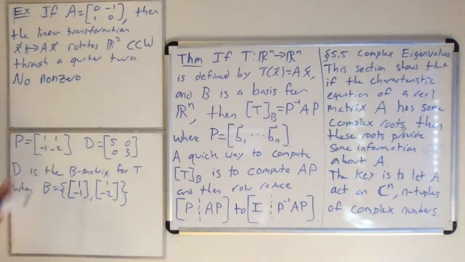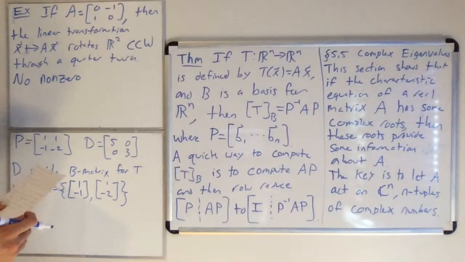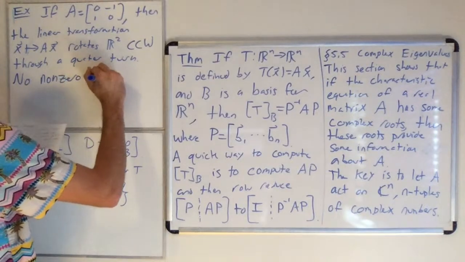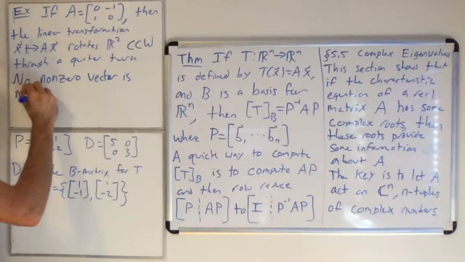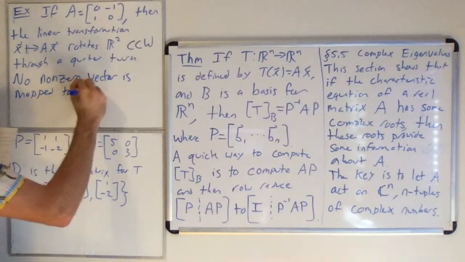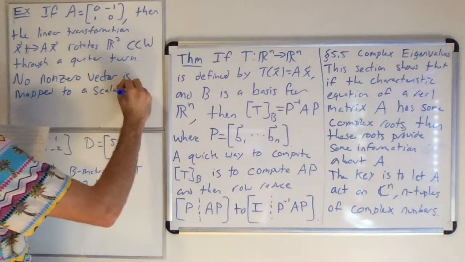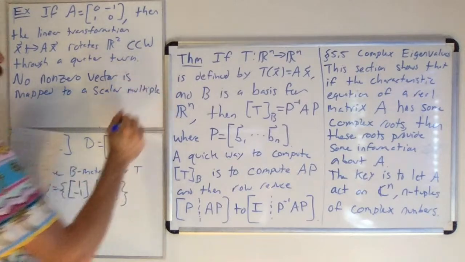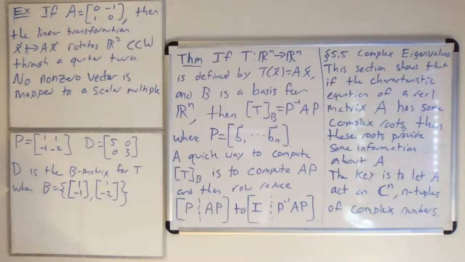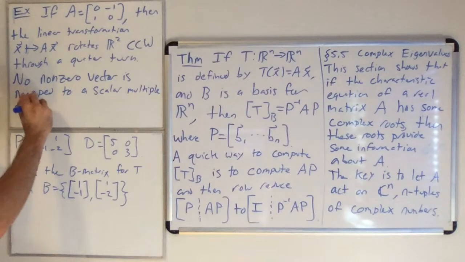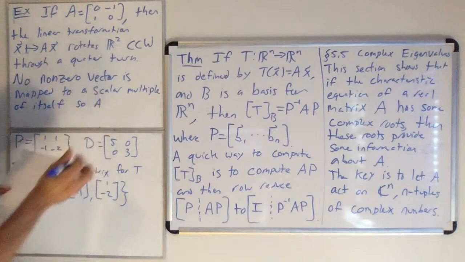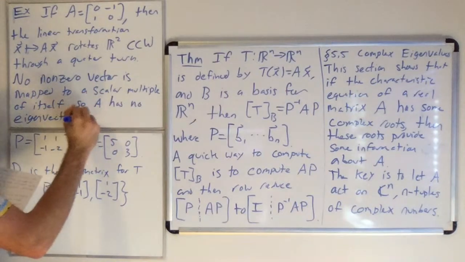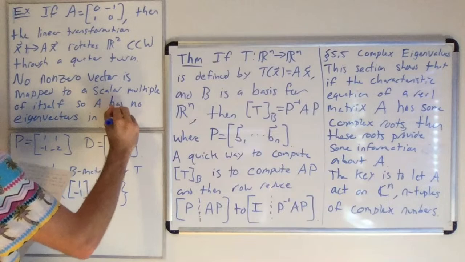And we'll see this when we look at the characteristic polynomial. There'll be no real solutions. So no non-zero vector is mapped to a scalar multiple of itself. So A has no real eigenvalues, right?